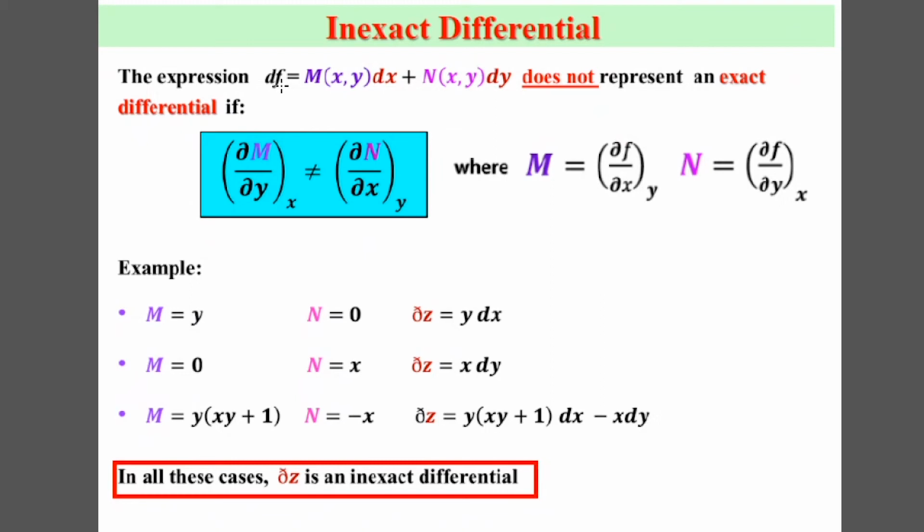That's how we write. So if I have another parameter, suppose I have m equal to y into xy plus 1 and n equal to minus x. The total differential will become y into xy plus 1 dx, plug in the m here, and n is minus x, so minus x dy.